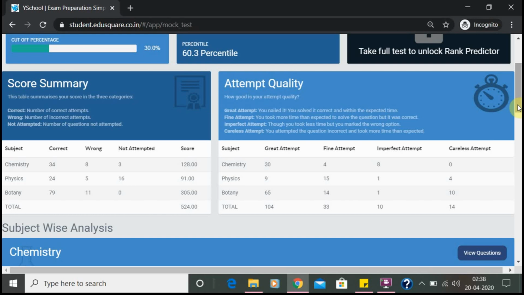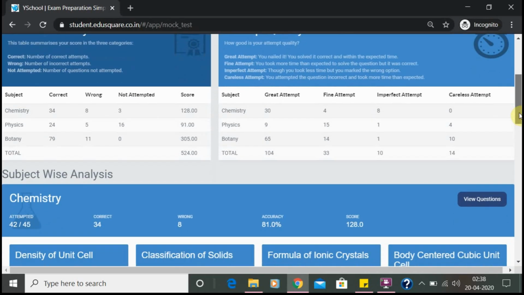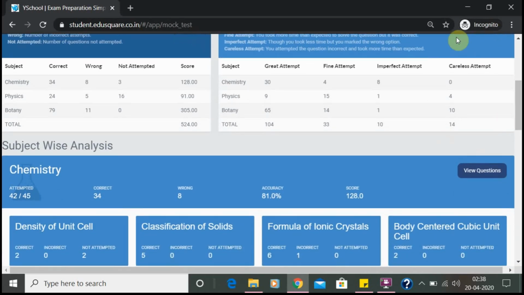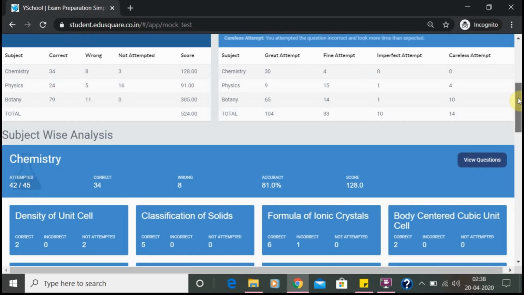And a careless attempt is where you took a lot of time, and even the answer that you marked was not correct. These careless attempts are the ones that need to be minimized, and they should not be there in your tests. So whenever you're analyzing this, if it is your first test, then you have to keep a relative analysis of all your tests, and you have to see that these careless attempts go down.